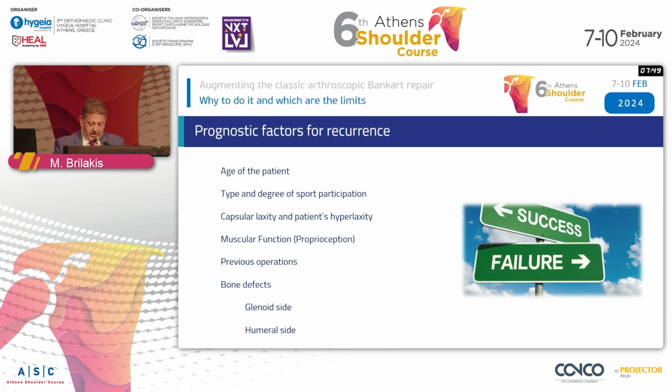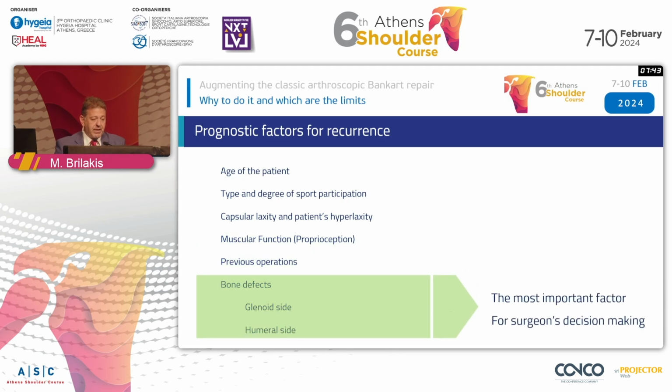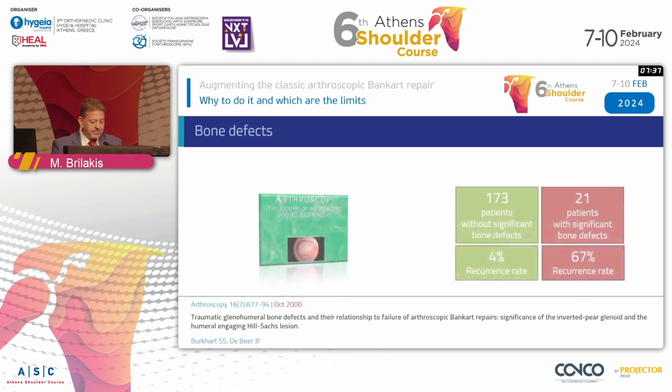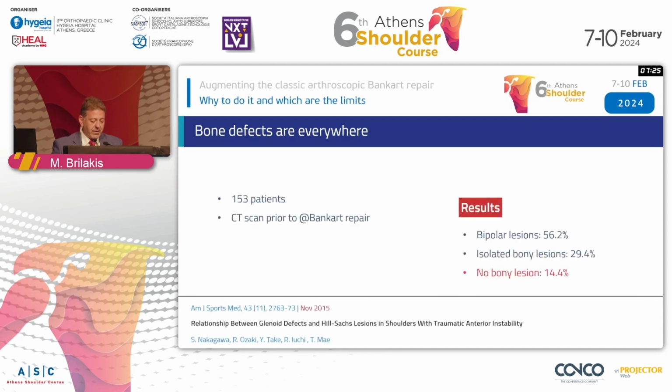And considering the prognostic factors, as we said before, there are categories, but the surgeon can handle during the surgery the bone defects. And we know that bone defects change our results, and we know that bone defects are everywhere, even for first-time dislocation.